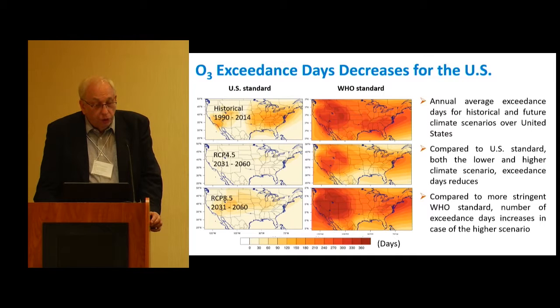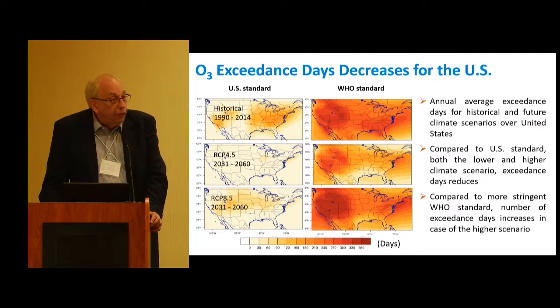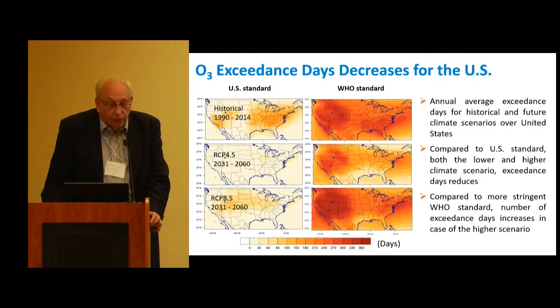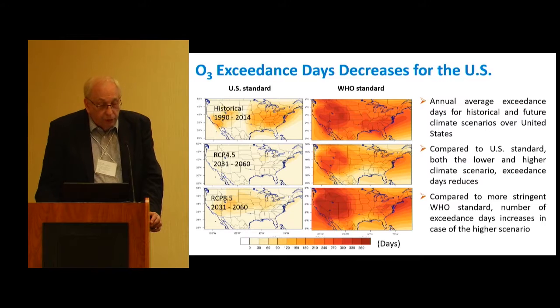So if we look at those two cases for US ozone, we see overall a significant reduction in the number of days with exceedances for ozone, both applying the US standard and the WHO standard. But still, in some areas, a significant number of days remain with the high scenario.